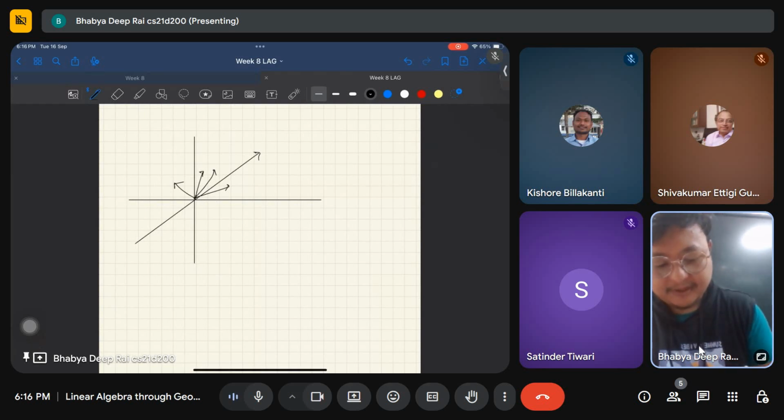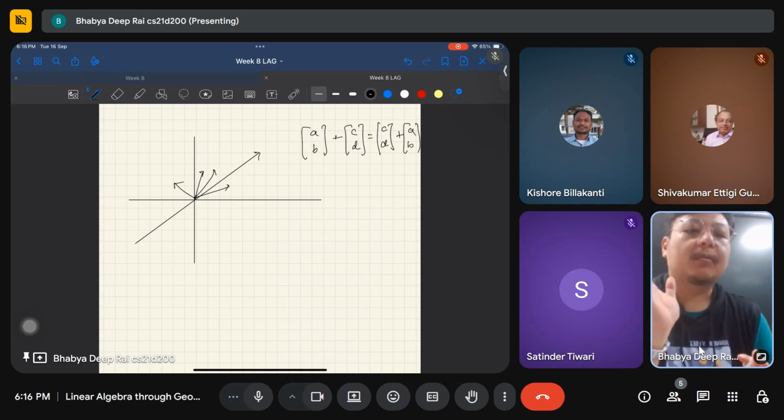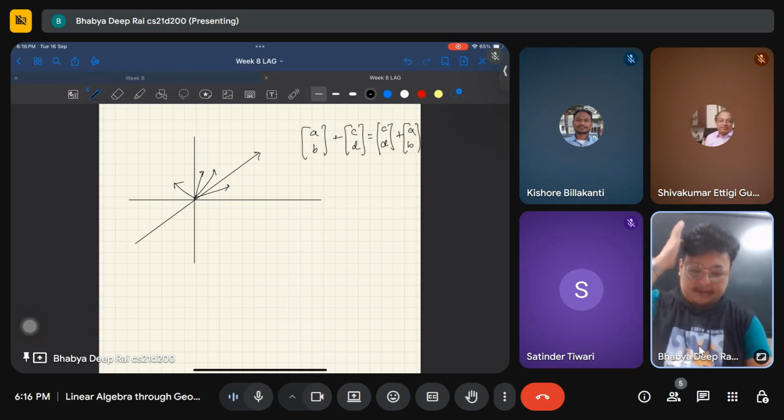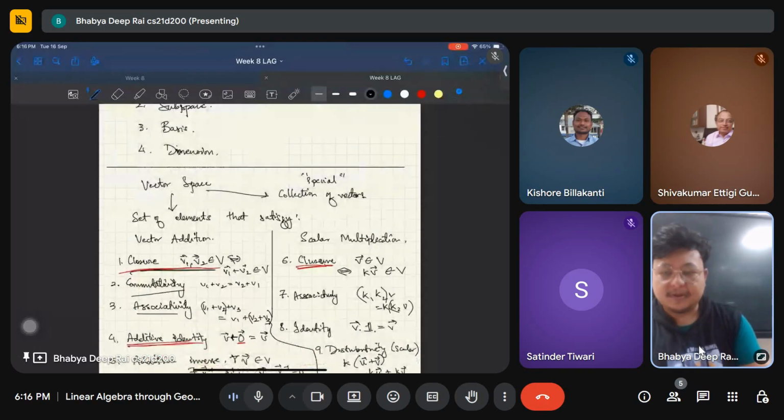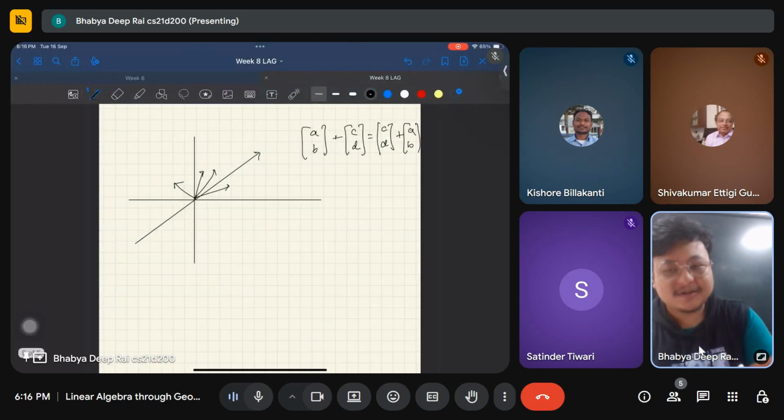If you have any two vectors, let's say a, b, and c, d, you know that the addition is commutative. This is usually not a problem when you are talking in terms of vectors. The important properties are something like closure. What closure under addition means is that when you combine these two vectors to get a resultant vector, this vector should also belong to that set of vectors.